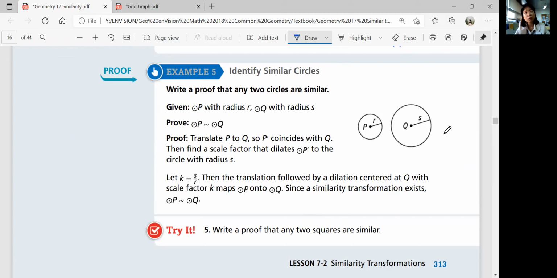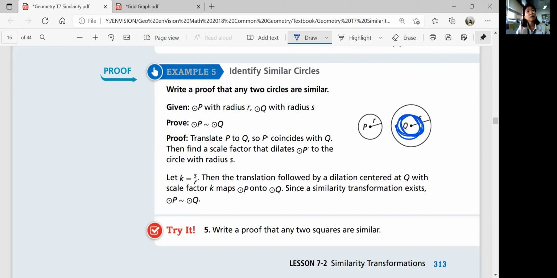Are the circles similar? First of all, do they have the same angle? Yeah, all circles have 360 degrees. Are the radii proportional? That's what we're going to look at. Translate P to Q, and then you'll see that it maps here, right?